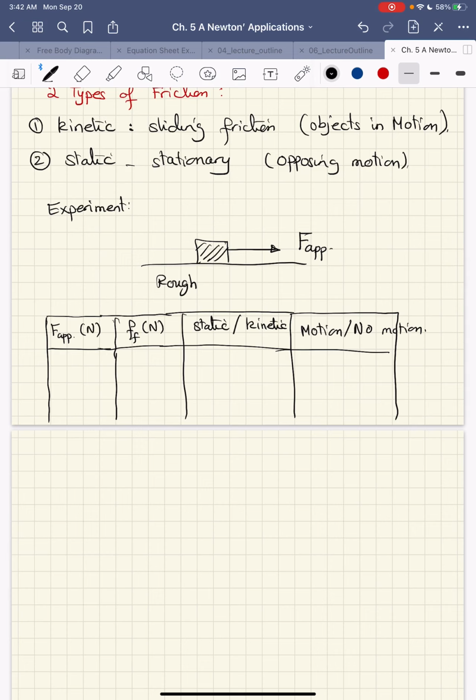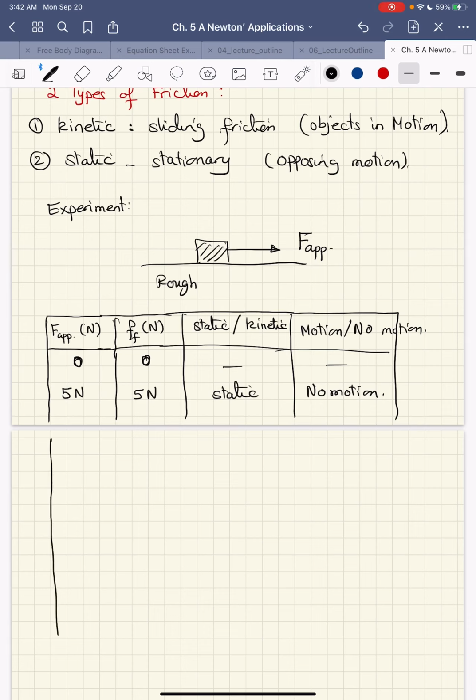Then what I have here is, when I have zero force applied, the force of friction is zero, and here, of course, not applicable. Now let's assume here I have 5 newtons and no motion. The object did not start motion. Then it's very clear that because no motion, sigma F equals 0, then also force of friction is 5 newtons, and since the object is not in motion, then this is static.